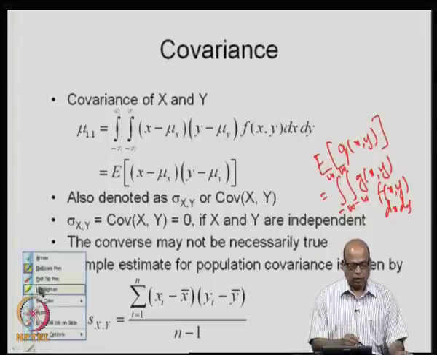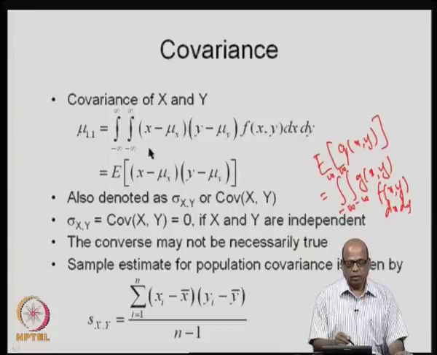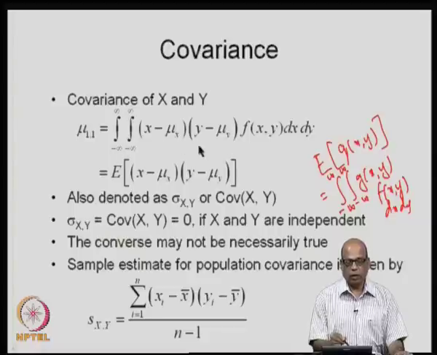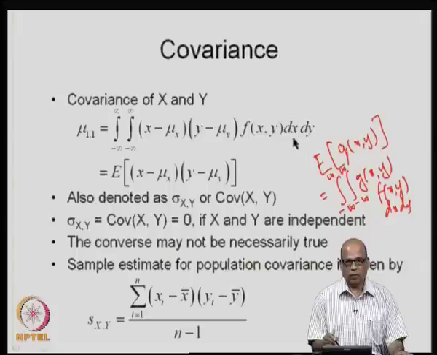We use that definition, and our function here is x minus mu x into y minus mu y. This is the function of x and y, multiplied by the joint density function f of x y, and we are integrating that with respect to x and y.